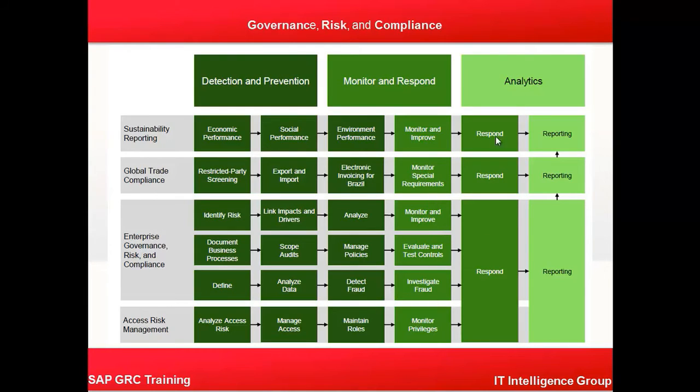Here in this pictorial diagram you have to detect and prevent. We will see the activities falling under detection and prevention, then monitor and respond. Once it is identified, we need to keep monitoring it. Once the risks are eliminated and it has become clean, we need to keep monitoring to ensure that it remains clean.